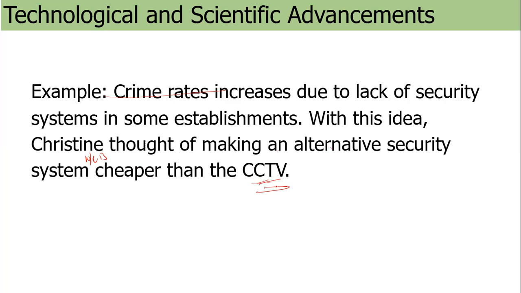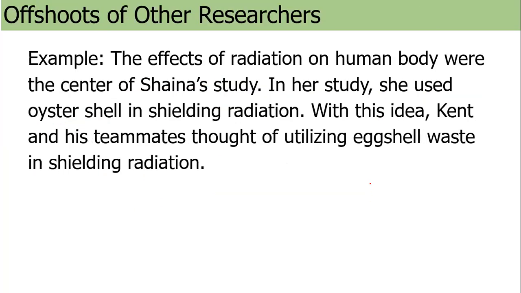Kaya kamahal man sang CCTV, therefore, to come up with a security system which is cheaper, nag-create siya sang iya nga alternative. So that is a technological and scientific advancement. And mostly, in this type of study, this is under robotics and intelligent machines.